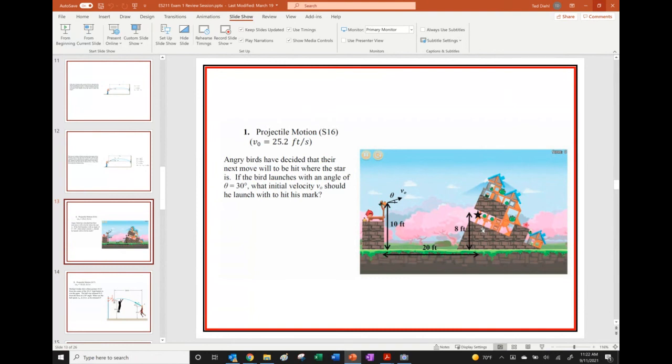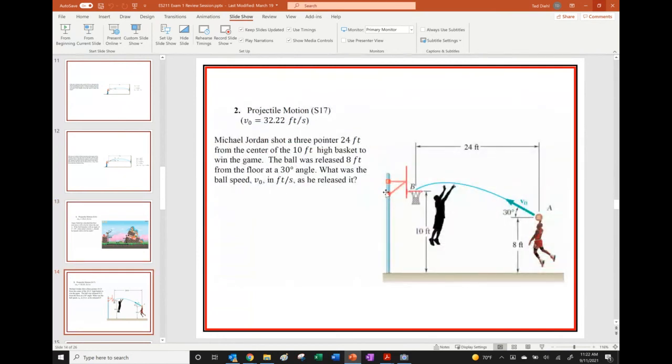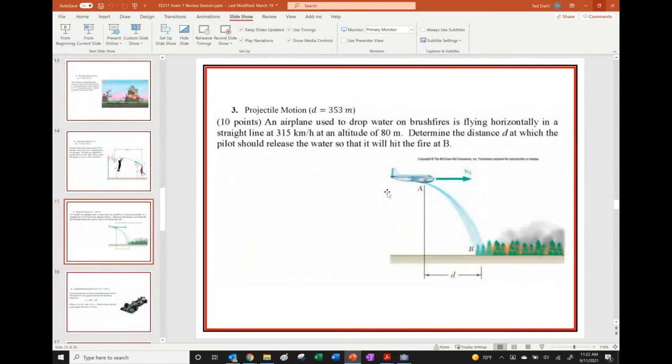For the third one, the plane, when I looked at it, we use g as acceleration in the y direction, and we have the distance. Well, we just want to find the distance, right?